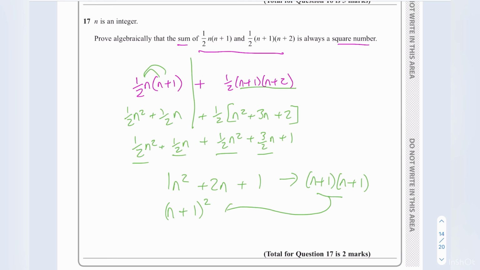So because we have factorised it into this squared bracket, it must always be a square number. Whatever n value you have, you are squaring it, so it will always be a square number.